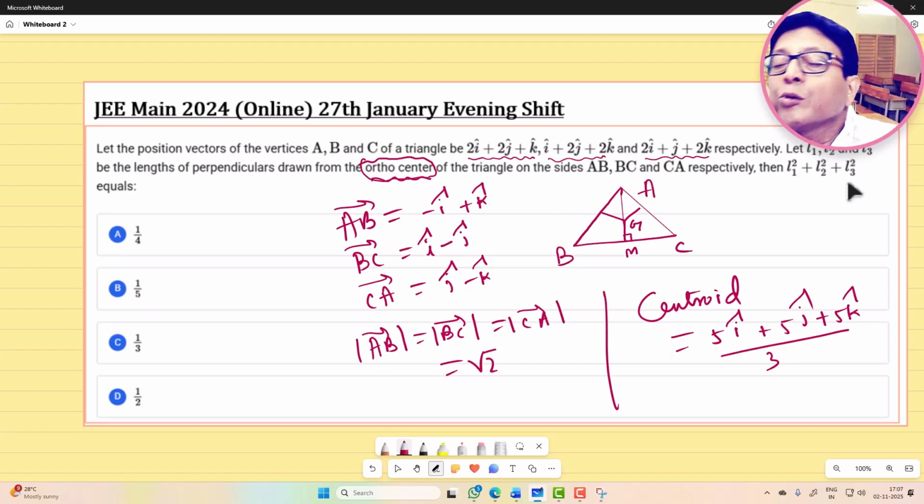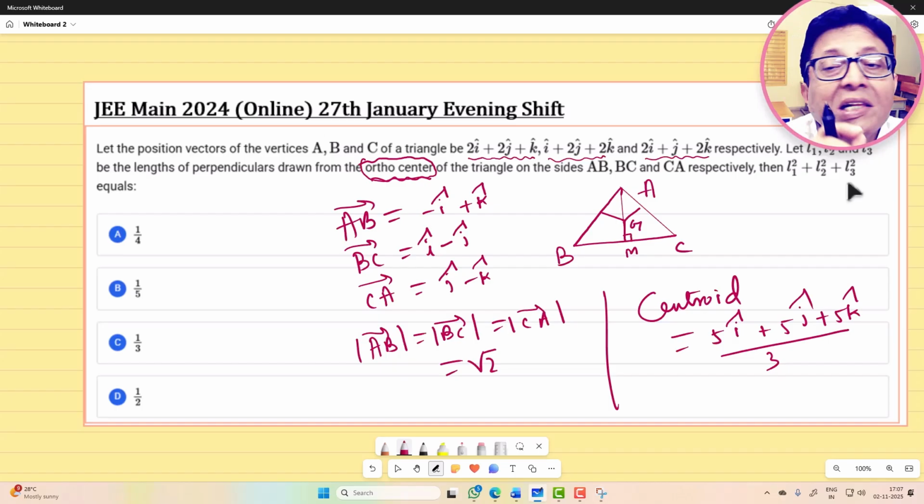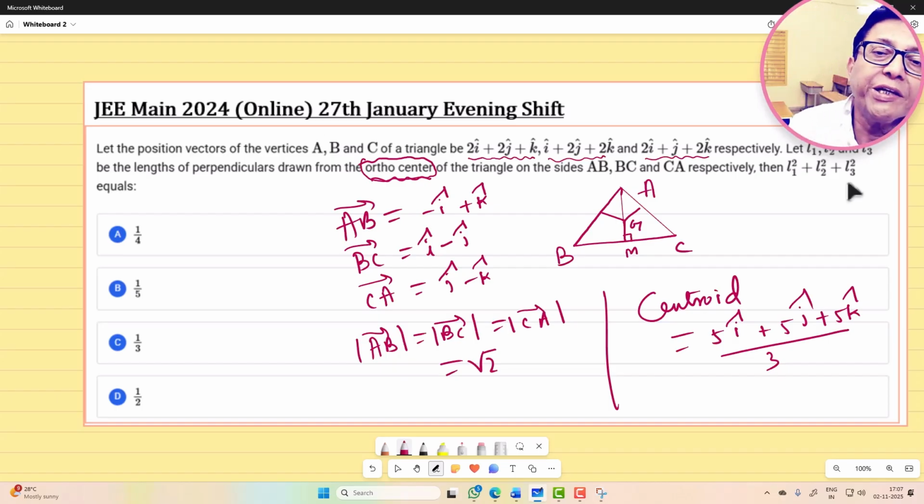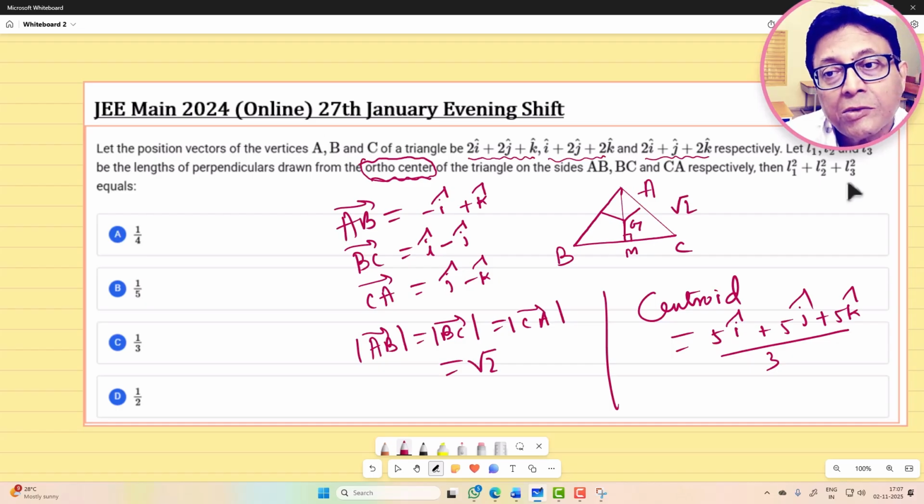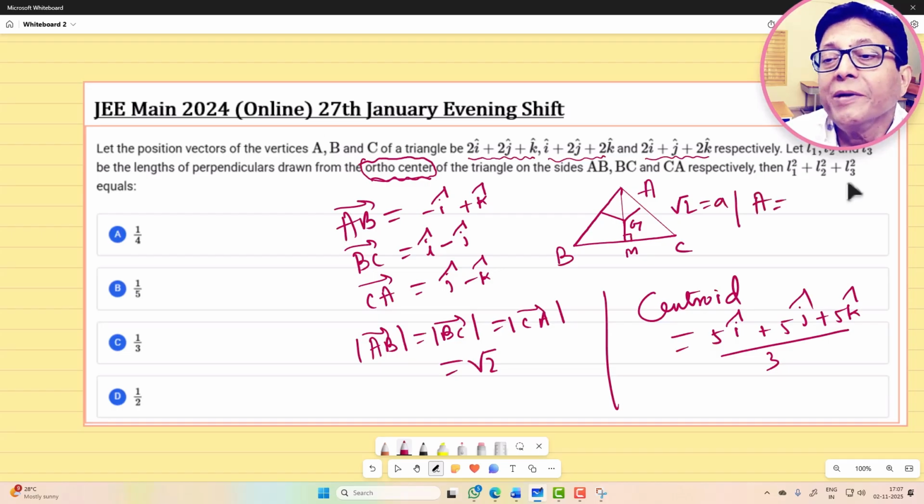So G to M can be determined if we know the height. See, when there is a way to get it quickly, you go for that. This is an equilateral triangle of side length √2. It means if we consider area, no, not area, you just consider height.